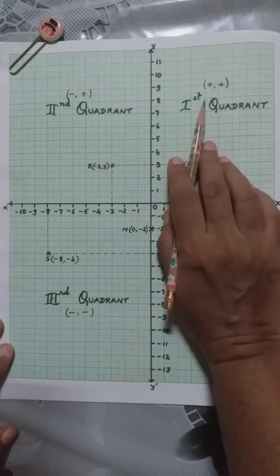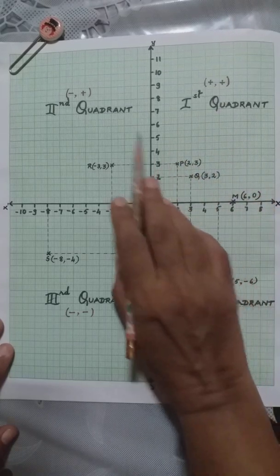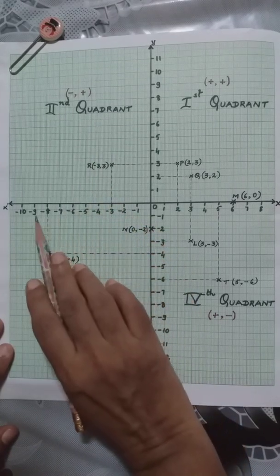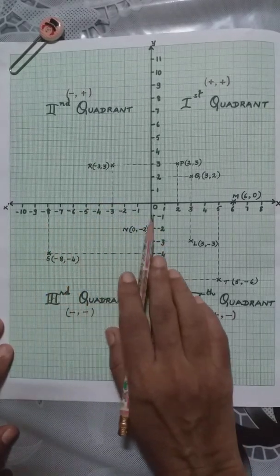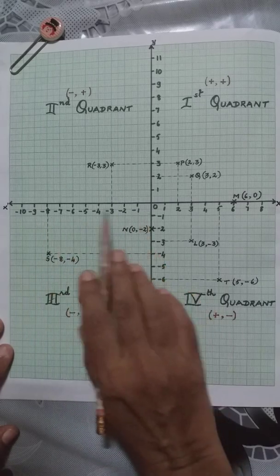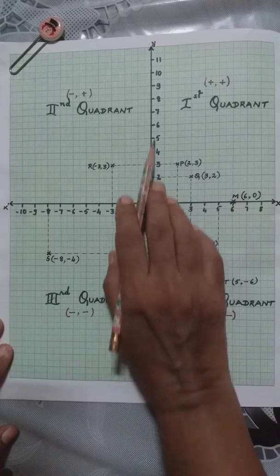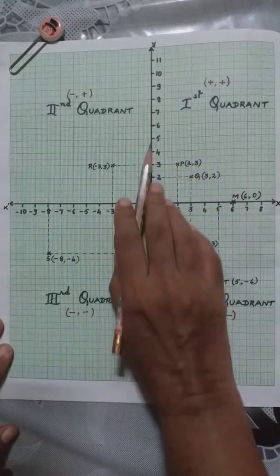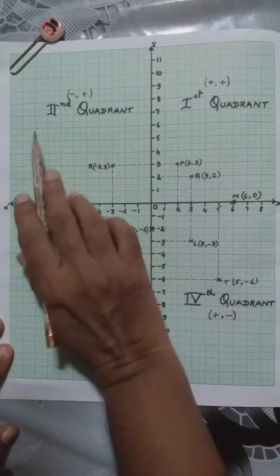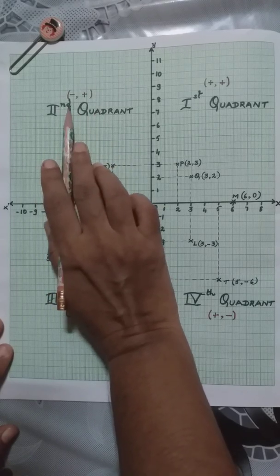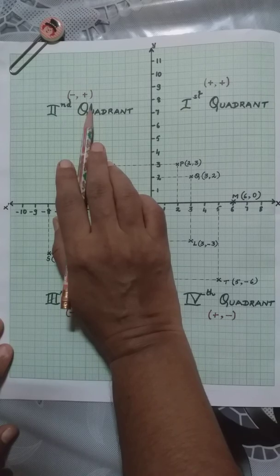Both will be positive. But when we go to the second quadrant, you will see that on the x-axis the numbers are negative, but on the y-axis they are positive. So in the second quadrant you will always have the coordinates as negative, positive.